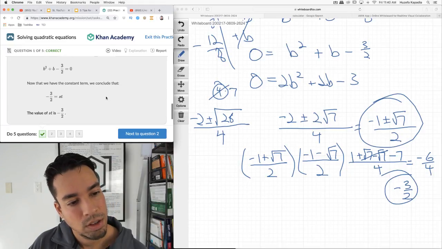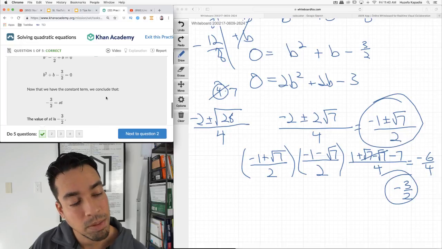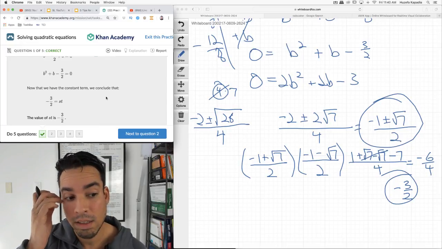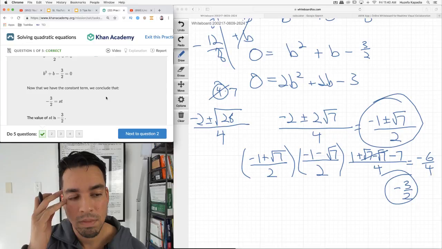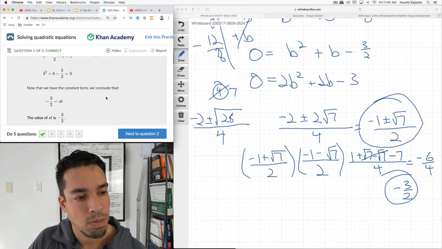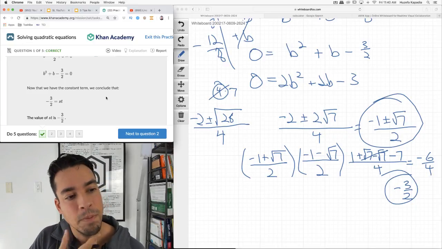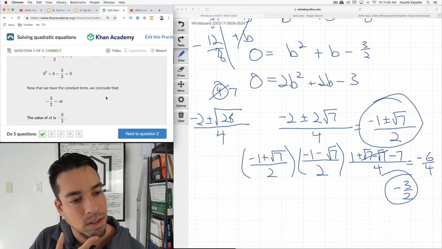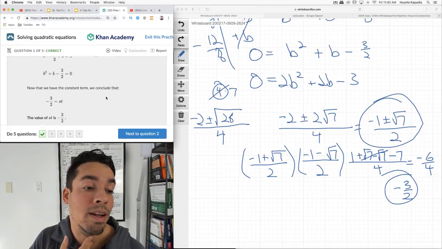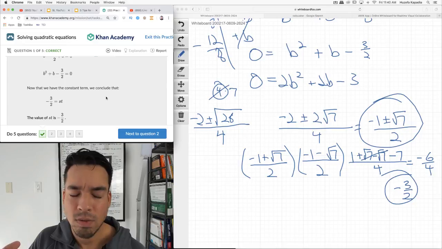"Now that we have the constant term, we conclude that..." So they jumped straight to the fact that the constant is the two solutions multiplied against each other. I wonder why that is. S times T. Oh man, I get it. That's a stretch though, because I wouldn't have figured that out.